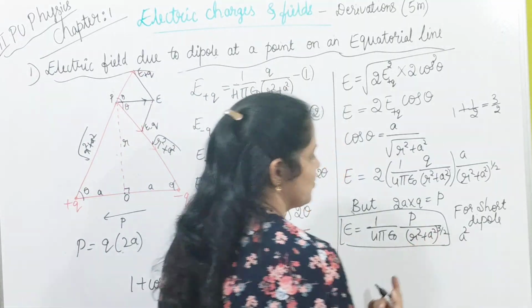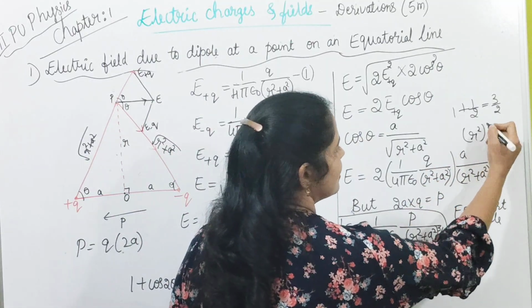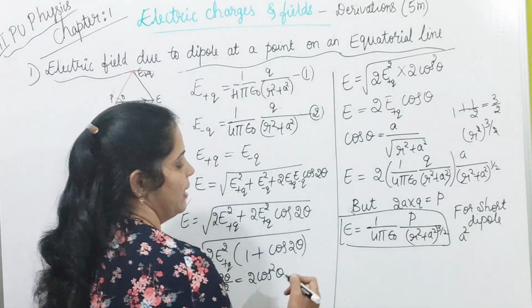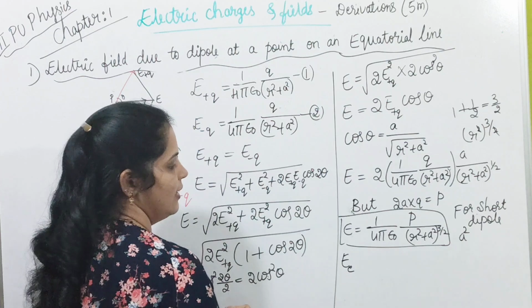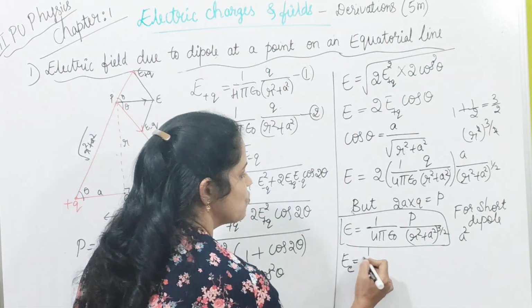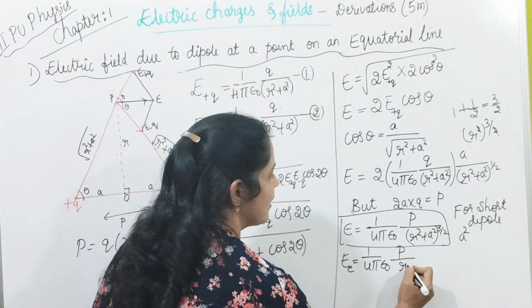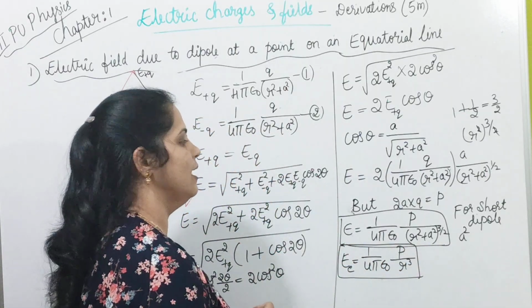So if I cancel A square, there is only R square. See here, R square to the power 3 by 2 means 2 cancel and you will get R cube in the denominator. Then what is the expression for electric field on the equatorial line? Let me write it as EE. It is 1 by 4 pi epsilon naught P divided by R cube. This is the expression for electric field on the equatorial line.